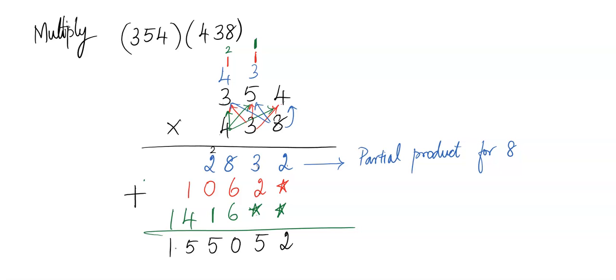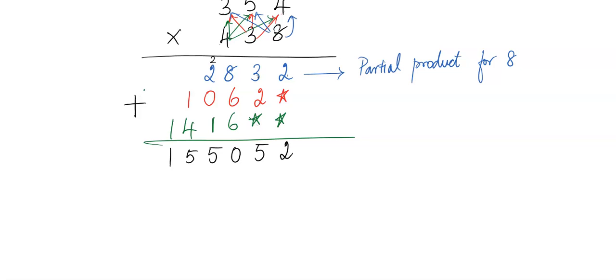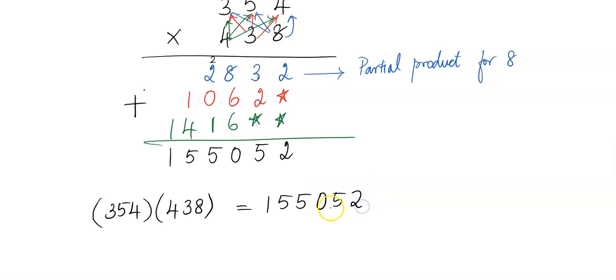Ooh, that's 155052. So I can conclude here that 354 times 438 is equal to 155052. Then I come back and insert the comma by grouping them in 3s. Okay? And so that will be the answer.